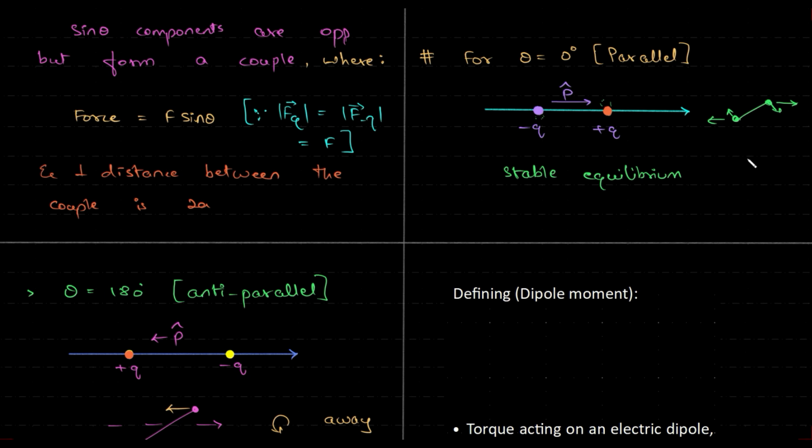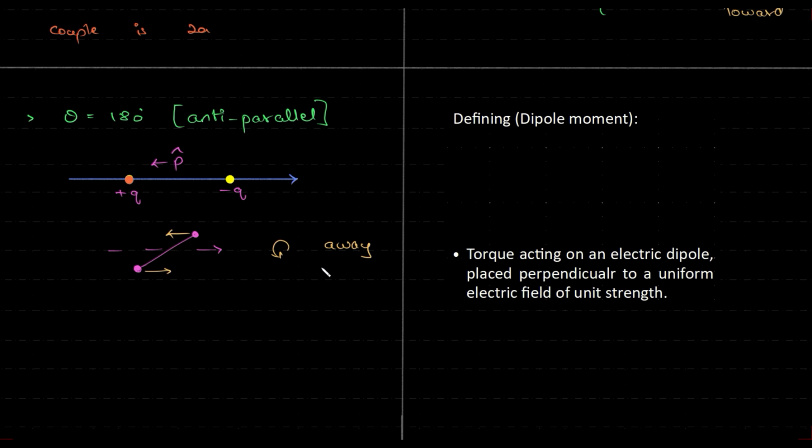Here they will rotate in this way towards their present status. This is away from present status. So this is nothing but a case of unstable equilibrium. Again, you guys need to be clear with the definitions of what is equilibrium, stable and unstable equilibrium.